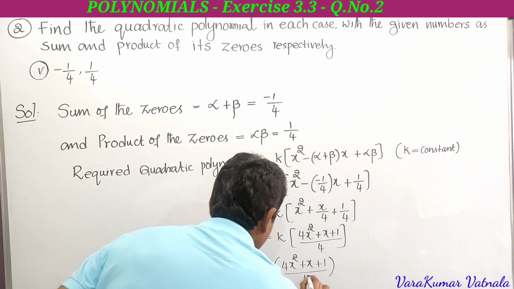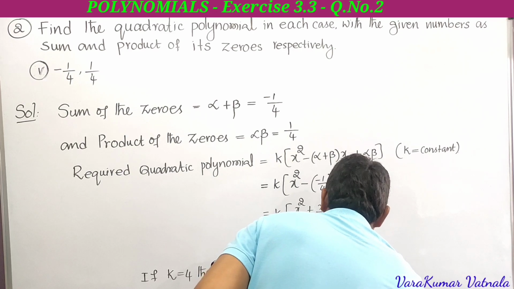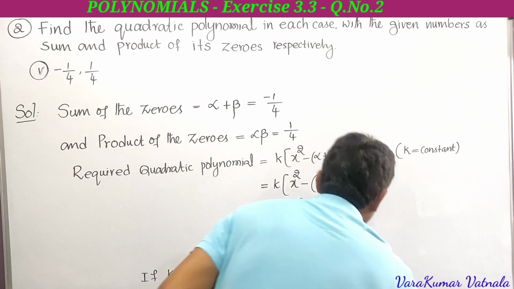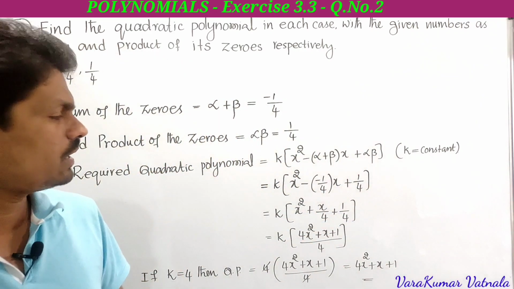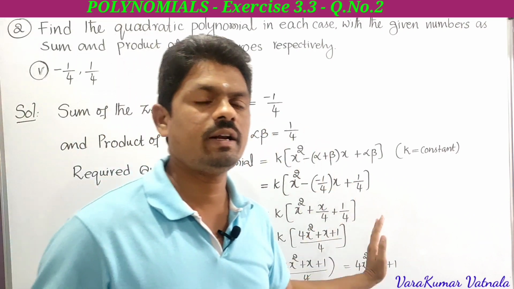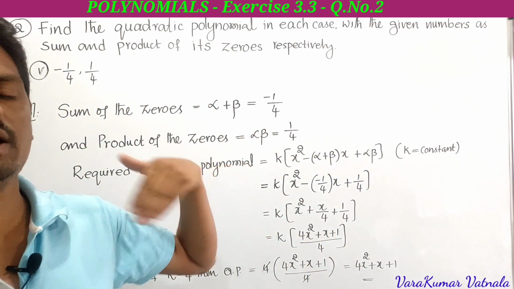So 4 gets cancelled. We can get finally 4x square plus x plus 1. So this is the required quadratic polynomial whose sum of the zeros is minus 1 by 4 and the product of the zeros is 1 by 4. So this is the fifth bit in the second problem.